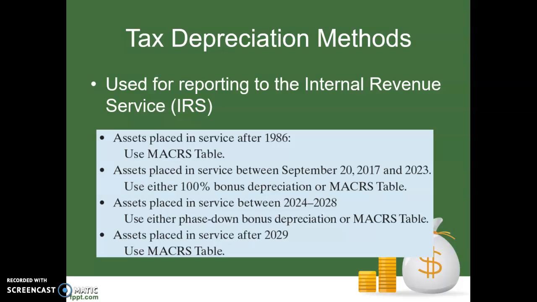So you're still making the same amount of money, but you're having to pay less tax. That, in a nutshell, is a very, very simplified explanation of why you would want to depreciate or capitalize an asset. And what I have here is copied and pasted from the textbook, and it's basically how the IRS allows you to depreciate assets.